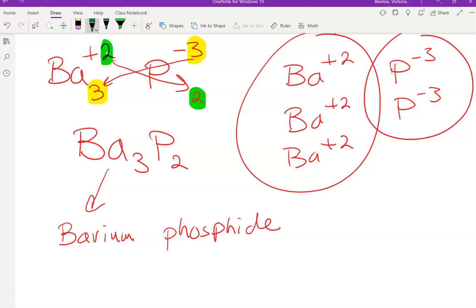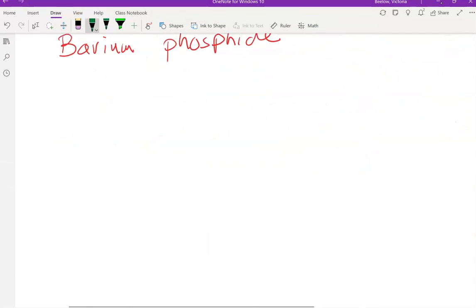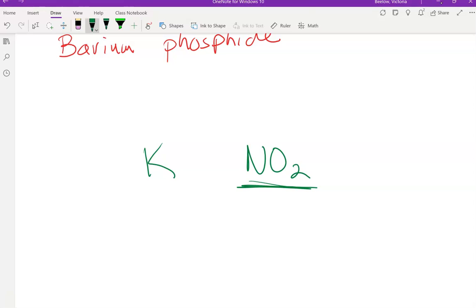Now, if you see something that looks a little strange, so let's say you have something like K, and then it's with something like NO2. This is what we call a polyatomic ion, poly meaning many.